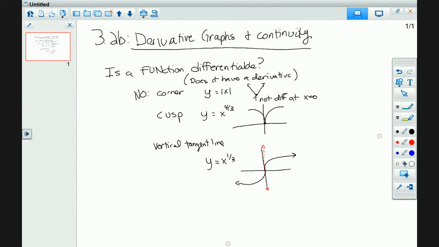If you calculate the derivative there, it gives you a vertical tangent, not differentiable. The derivative is undefined.